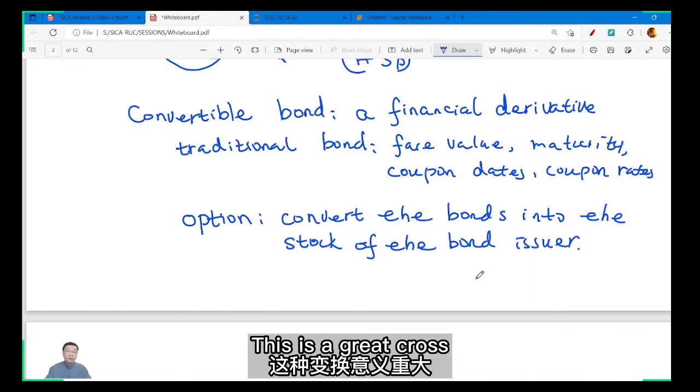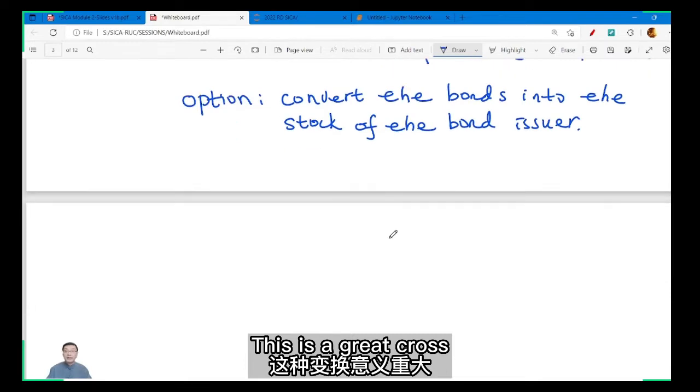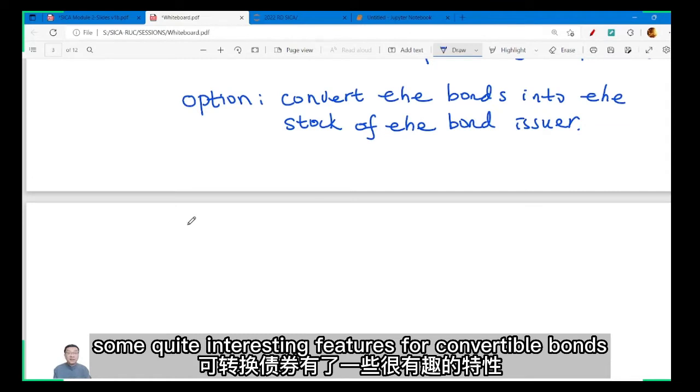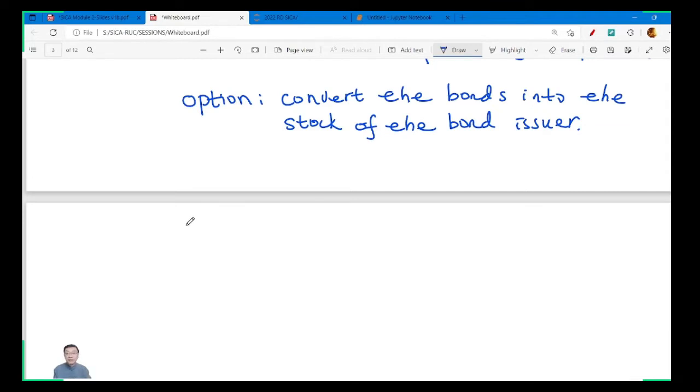This is a great clause. Under this clause, there are some quite interesting features for convertible bonds.